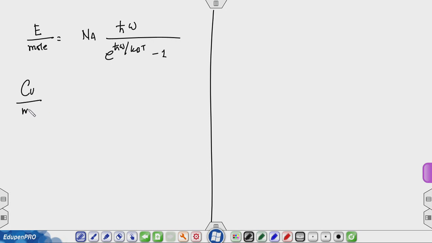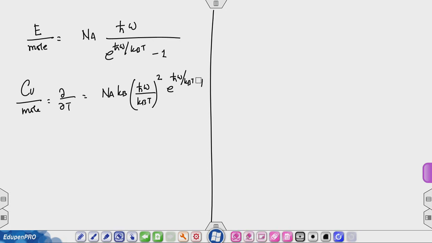Cv per mole is going to be d by dT of this, which is then equal to N A k B, you can work it out, h cross omega over k B T whole squared e raised to h cross omega over k B T, divided by e raised to h cross omega over k B T minus 1 whole squared. That is the Cv. Let me box it.